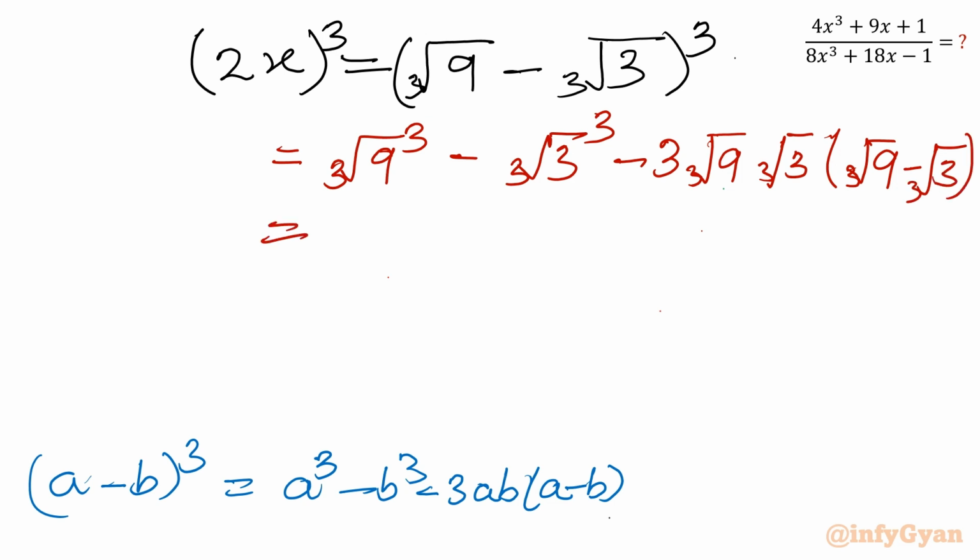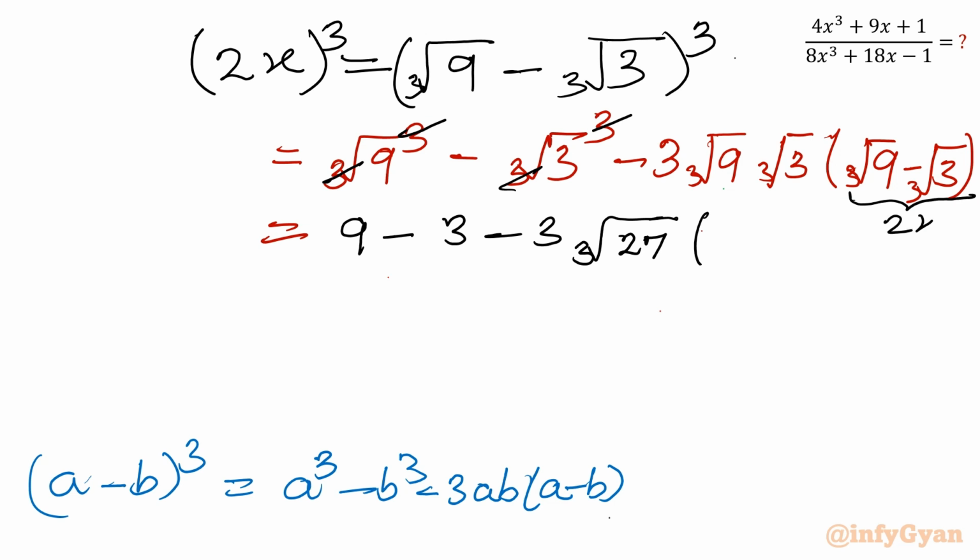Now cube and cube root terms we will cancel out. So what is left? 9 minus 3 minus 3. Now 9 times 3 cube root is common, so I will write cube root 27, in bracket cube root 9 minus cube root 3. This is 2x again from here, so I will write 2x again. Left hand side is 8x cube.